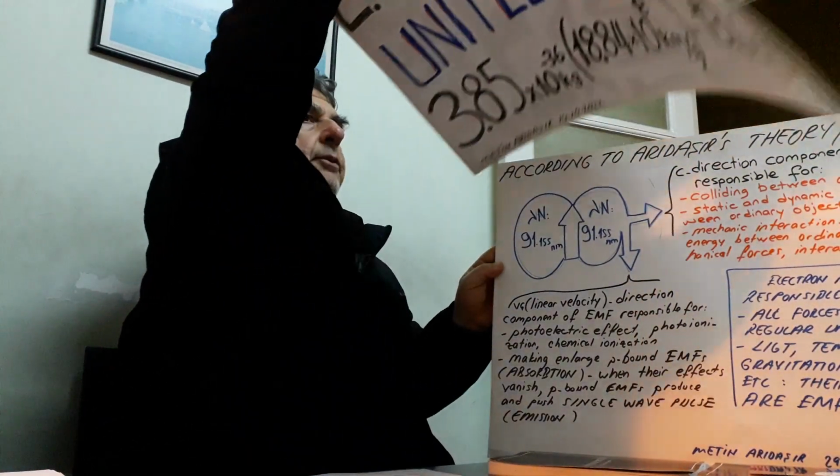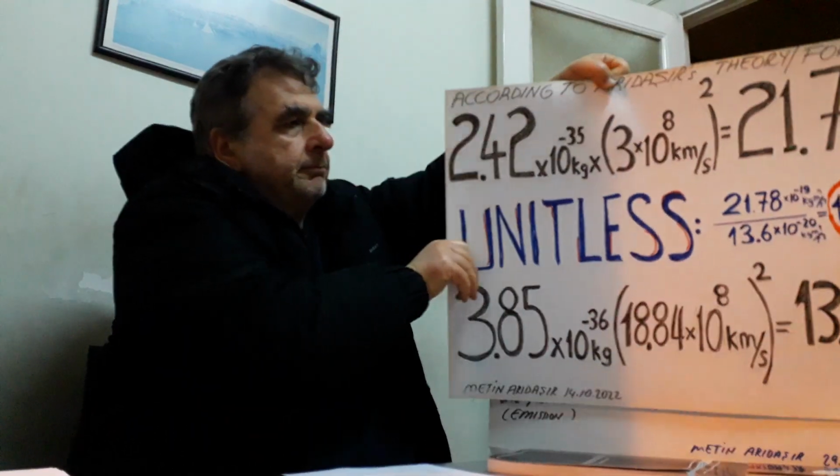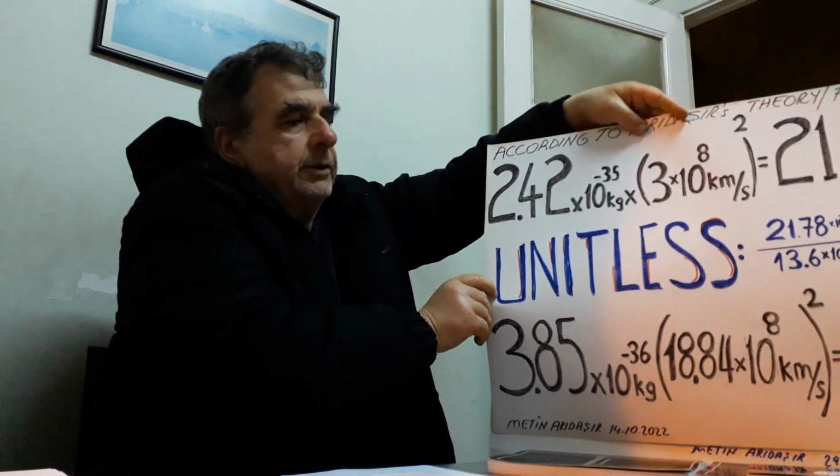But remember from my former videos, in fact, there is no electric charge. Elementary charge is two components ratio, constant ratio, unitless ratio, remember. Unitless constant ratio. But now, it is not important. I advise you to watch my former videos step by step.